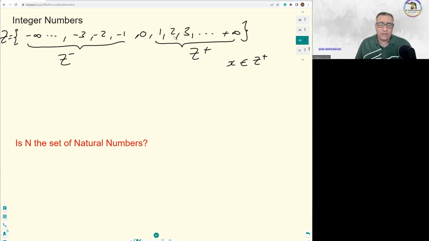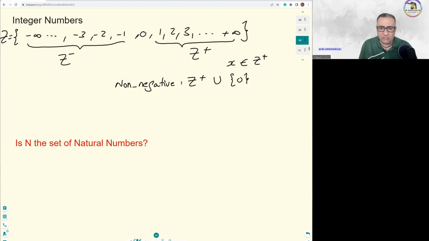And that's why a couple of sets are being developed now, which are called the non-negative integers. When I say non-negative integers, it means the positive integers and 0, because 0 is non-negative, right? So the non-negative integers is basically the positive integers union the set including the 0, one element.